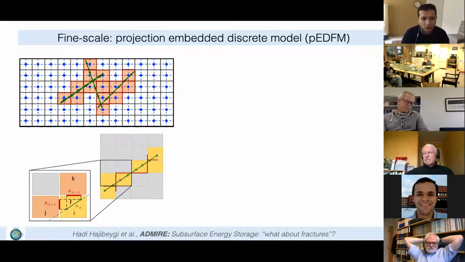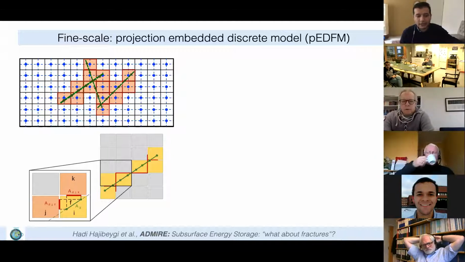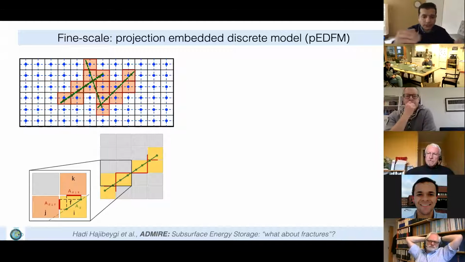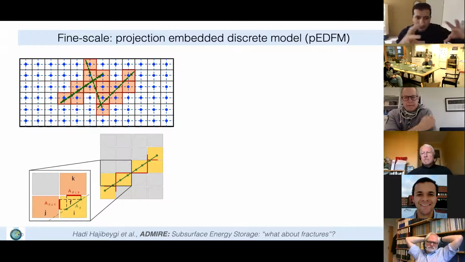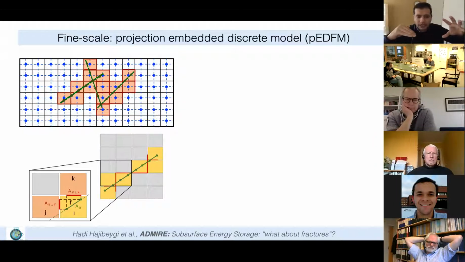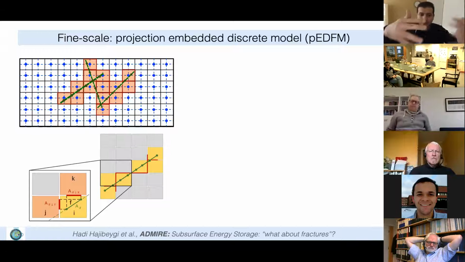I can't use my mouse, unfortunately, but on the bottom left part of the figure, you have a fracture segment that is crossing over your element I. To allow for any conductivity of that fracture, you need to know the projected interfaces between cell I and K, and I and J. That's exactly the correction you need to make for a consistent embedded approach.